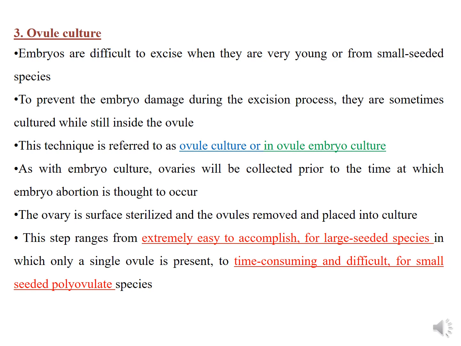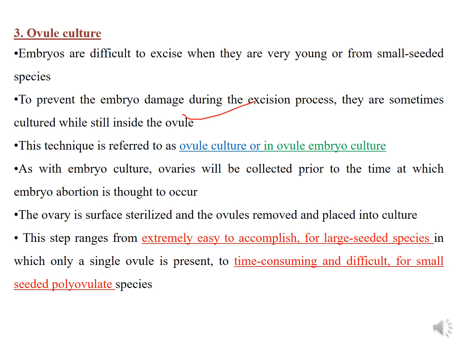And the third one is the ovule culture. In case of small seeded species, it is very difficult to excise the immature embryos. So to prevent embryo damage during the excision process, we can follow the ovule culture, that is, we are excising the ovule from the ovary and growing it, ovule embryo culture.